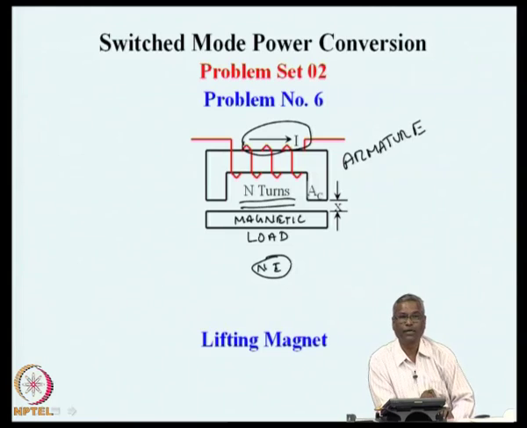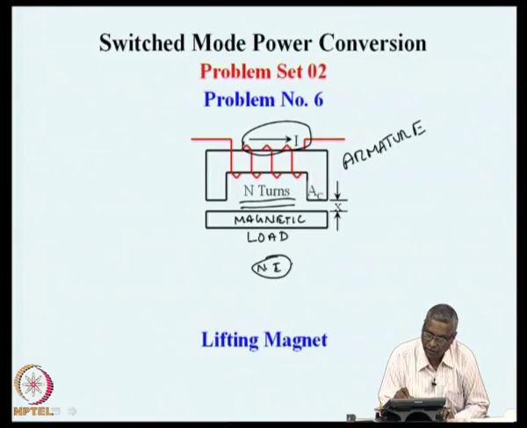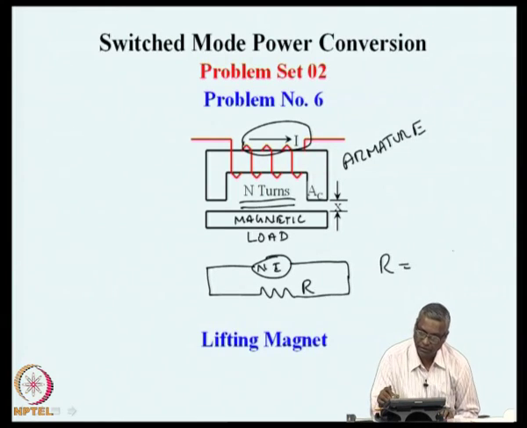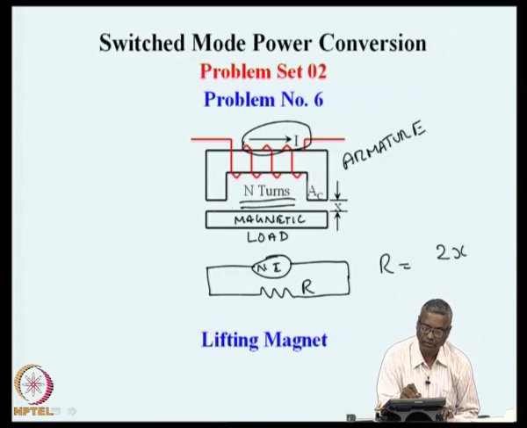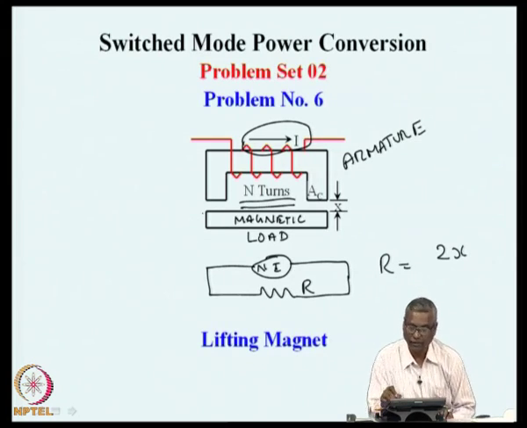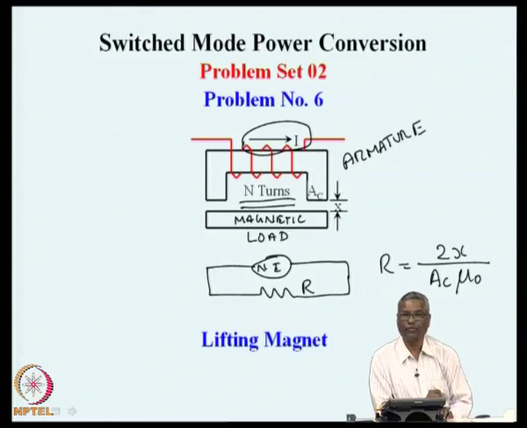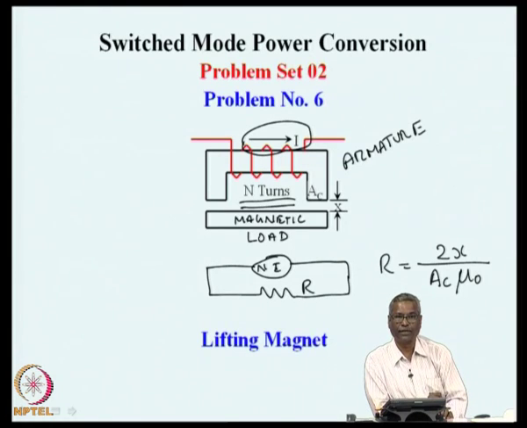Ni is the magnetomotive force, and the circuit has a reluctance of R, and this reluctance is decided by the air gap, which is x on this side plus x on this side, divided by the area of cross section, which is AC, and the magnetic permeability of the material.